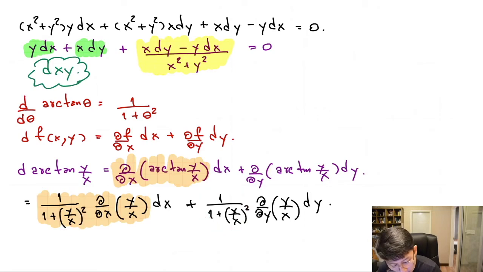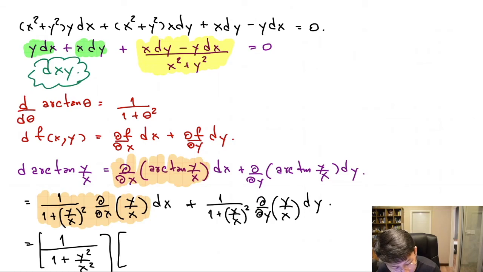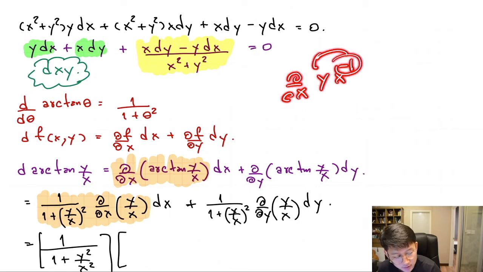So what I have is 1 divided by 1 plus y squared divided by x squared, and then times... what is d by dx of y over x? It will be d by dx of y x to the power of minus 1, right? That's y over x. And if you differentiate it, you get minus y x to the power of minus 2, which is minus y divided by x squared.